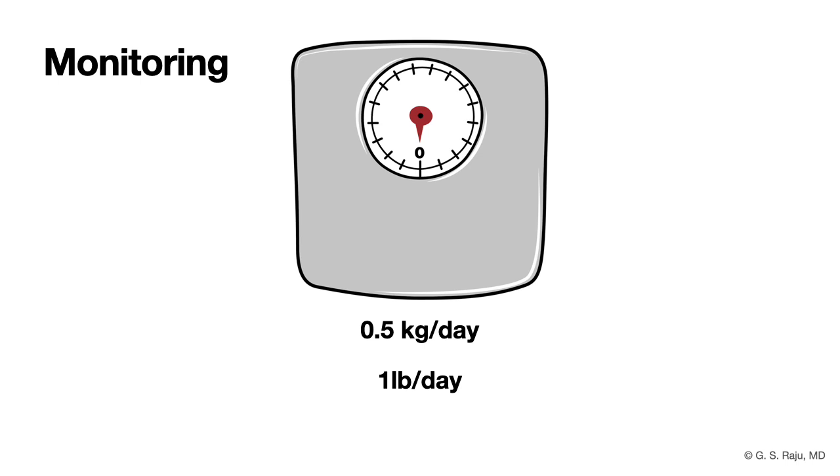You don't want to push somebody without pedal edema, with just ascites, to lose a lot more weight than what is seen here, more than 1 pound per day. That is likely to cause volume contraction and potentially throw them into renal hypoperfusion and renal injury.